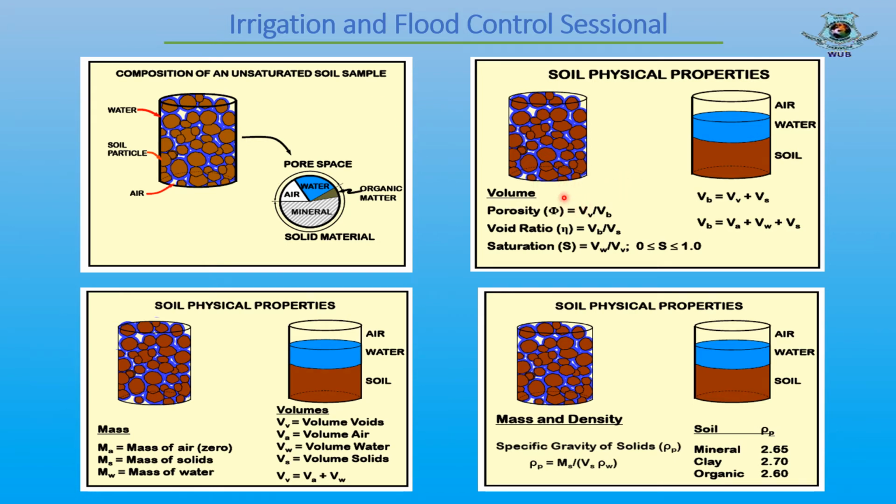This is the unsaturated soil sample. That means this soil sample is called the bulk soil sample, and the volume of such unsaturated soil is called the bulk volume. Now, if we symbolize porosity as phi, we can get phi, that means porosity, equal to volume of voids divided by Vb, that means bulk volume.